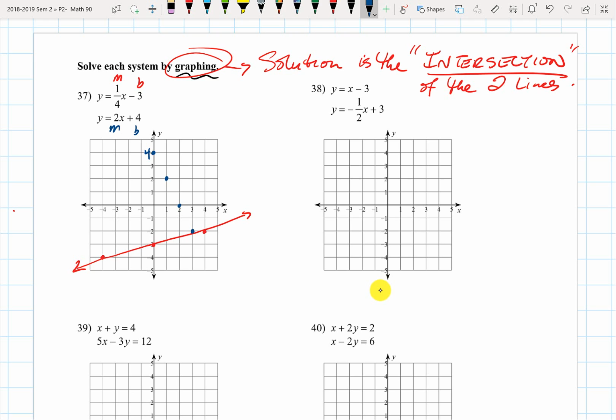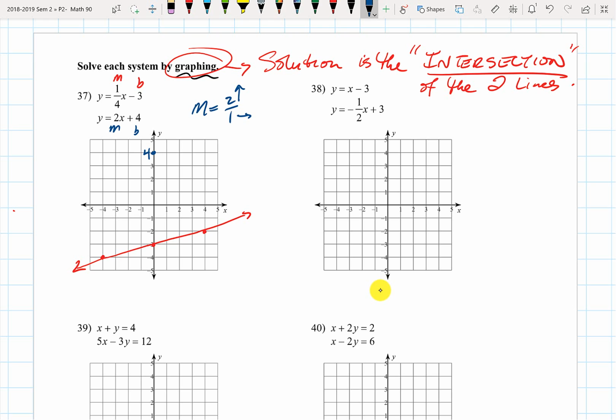I'm going to make a mistake already. Oh, going the wrong way. Slope's 2, right 1. Starting at 4, you have to go up 2, right 1.